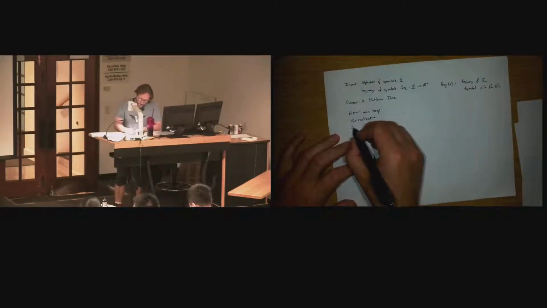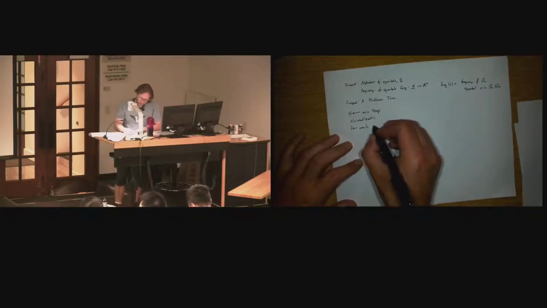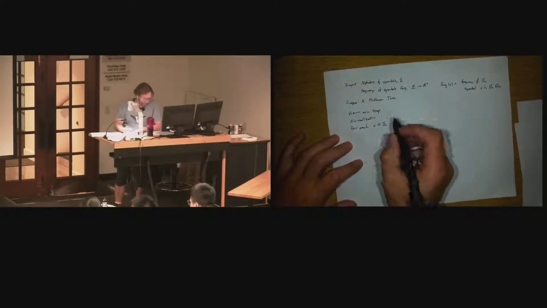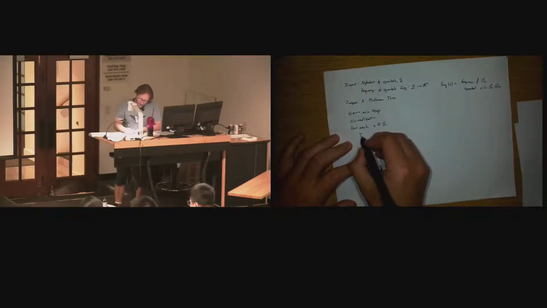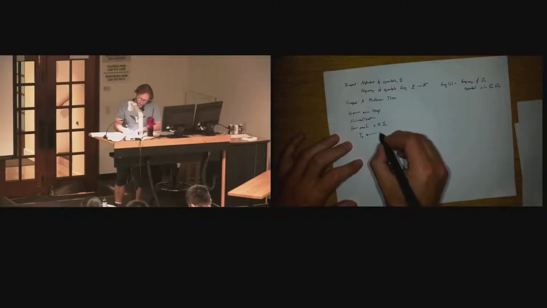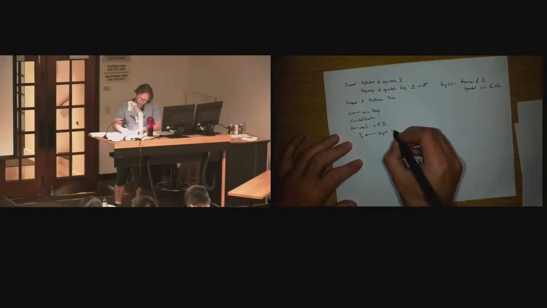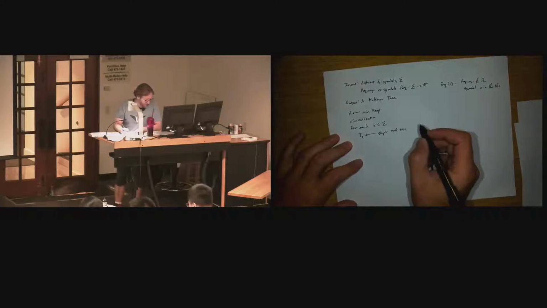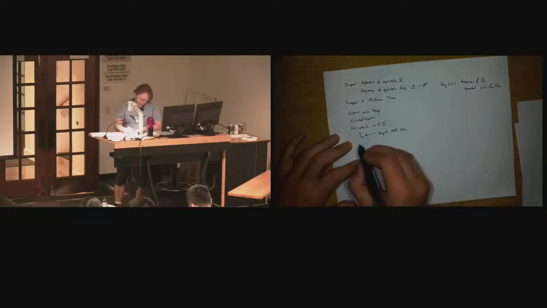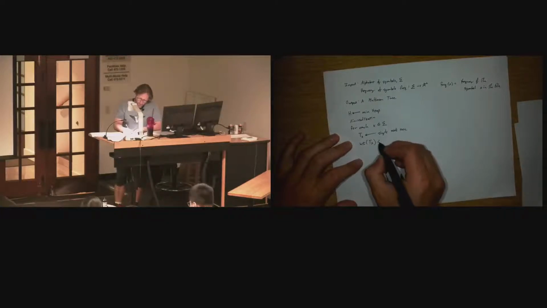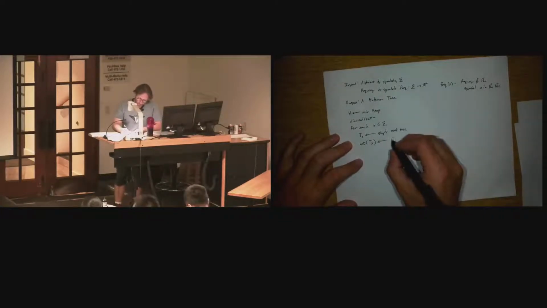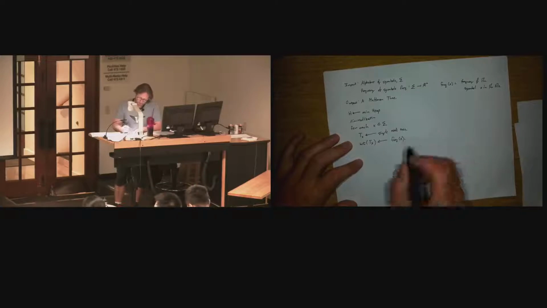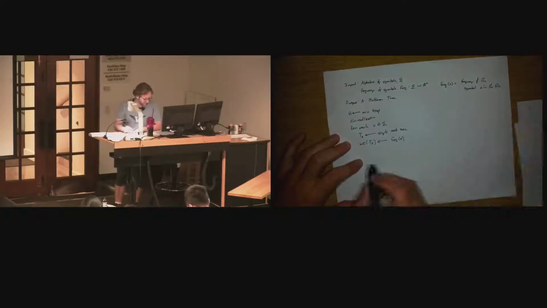For each symbol x in my alphabet, I will create a single node tree, and I will define the weight of this tree to be the frequency of x, just like I did before.